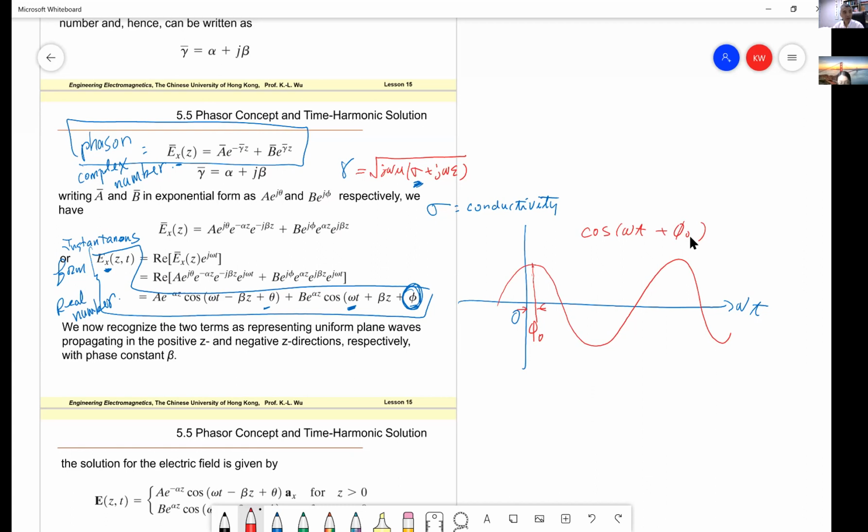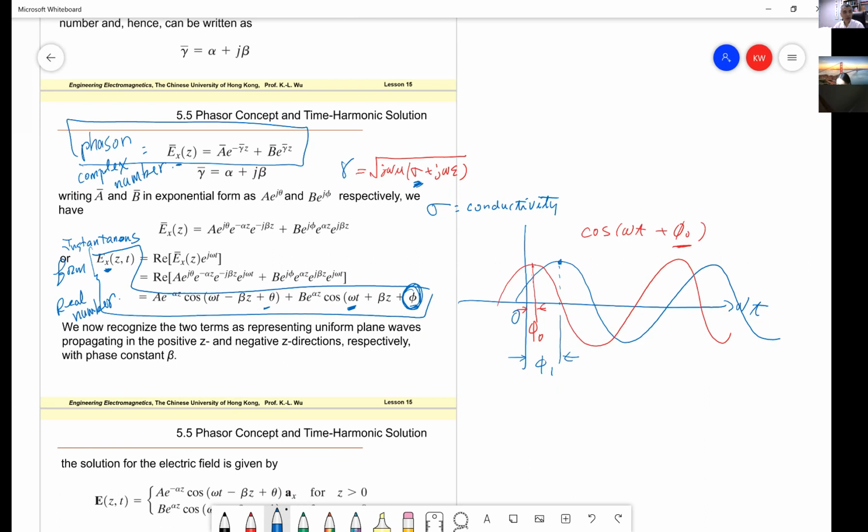So that means at time equal to 0, you have a certain phi 0 in advance, so you have already passed that phase. Or if you have another wave of the same frequency, then this maximum is our reference, and this is another time phase difference, right?